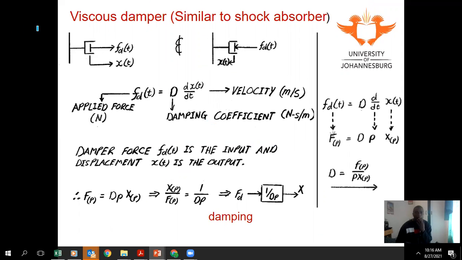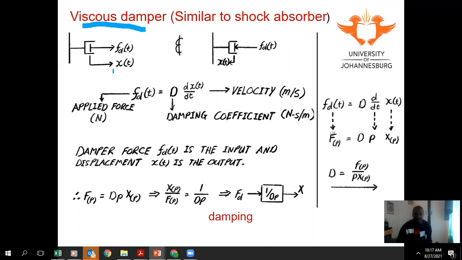Now, we've got a thing called a viscous damper, used to prevent or to protect buildings against damages resulting from movement when an earthquake occurs, more like a shock absorber.